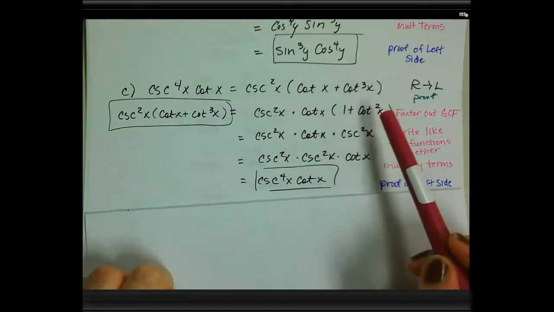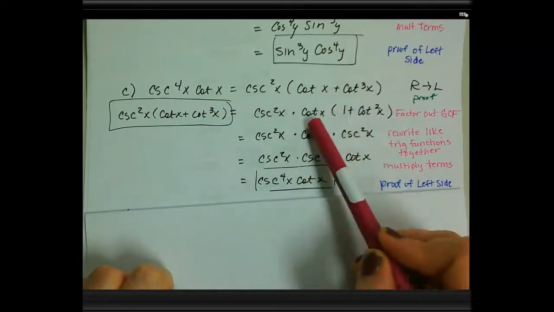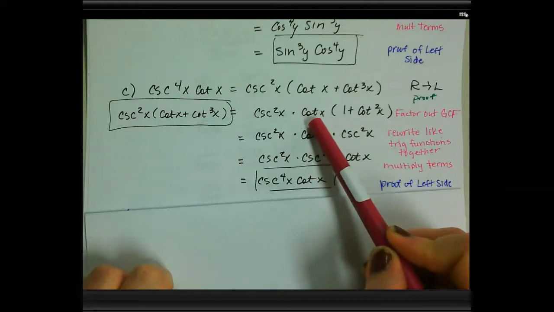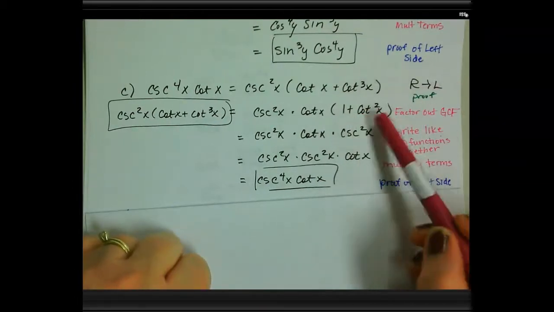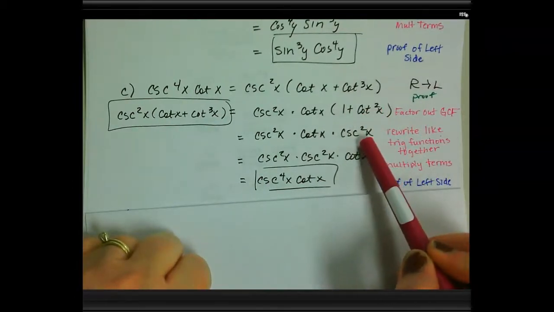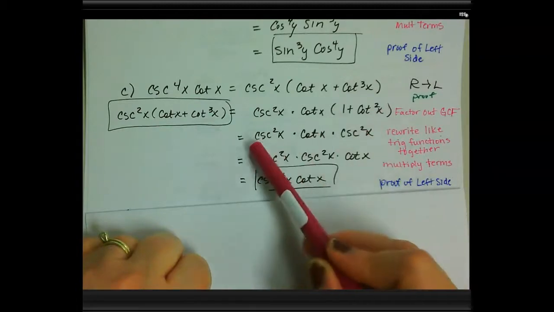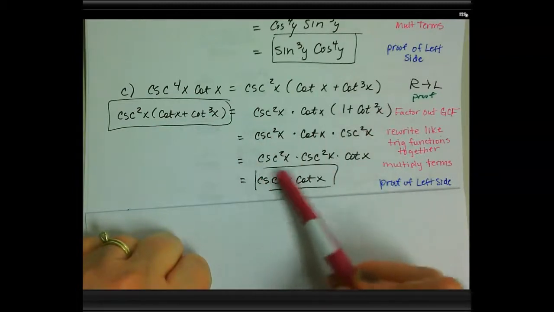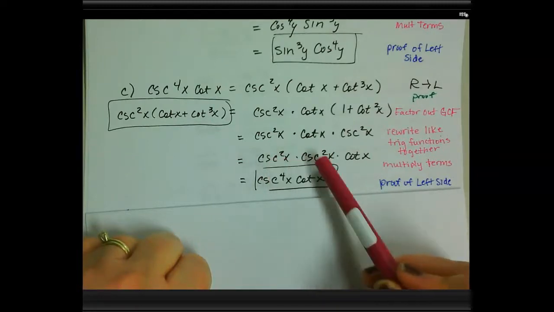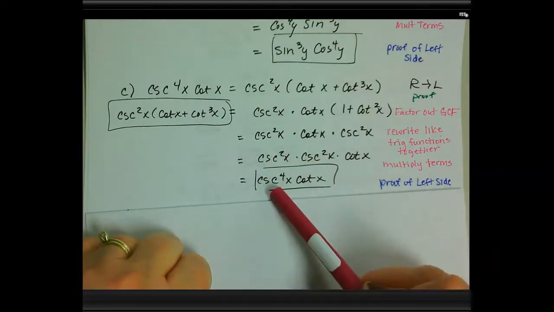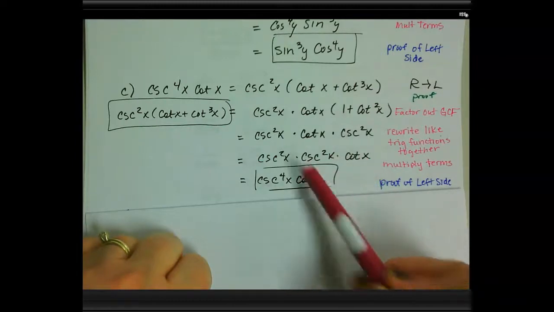So this right here, I factored out a cotan x. And then I have 1 plus cotan squared x. And so I have an identity, so I make that replacement. And then these two things can multiply together, so I move them together because remember I have to show it. And so cosecant squared x times cosecant squared x is cosecant 4x and cotan x, which is what I was trying to prove.